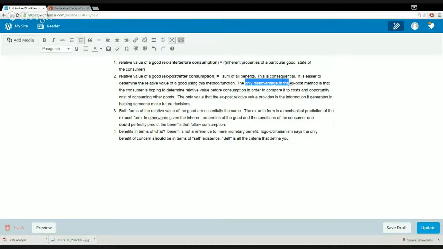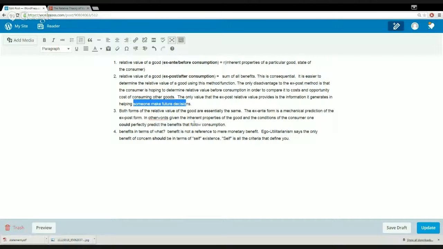The only disadvantage to the ex post method is that the consumer is hoping to determine relative value before consumption in order to compare it to costs and opportunity costs of consuming other goods, because they're concerned with profit, right? The only value that the ex post relative value provides is the information it generates in helping someone make future decisions.